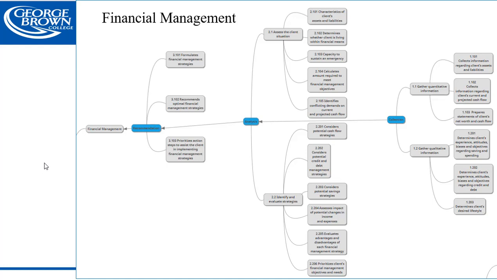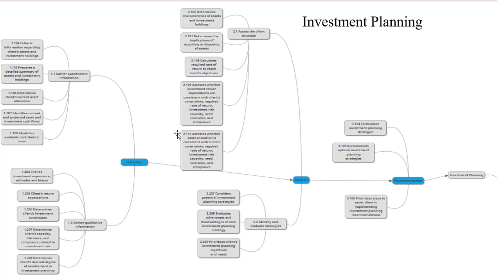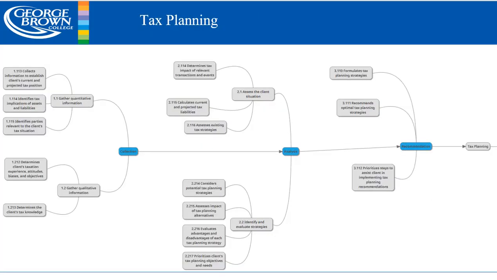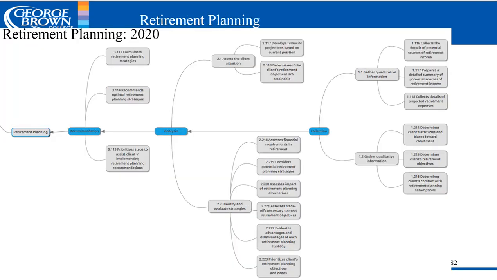So we're not going to go through this in tremendous detail, but you can remember there's financial management, there is the investment planning, again going through the same steps, there's the insurance and risk management, the tax planning, the retirement planning. Recall for 2020 versus 2019, this is where there were significant changes to the competency profile.